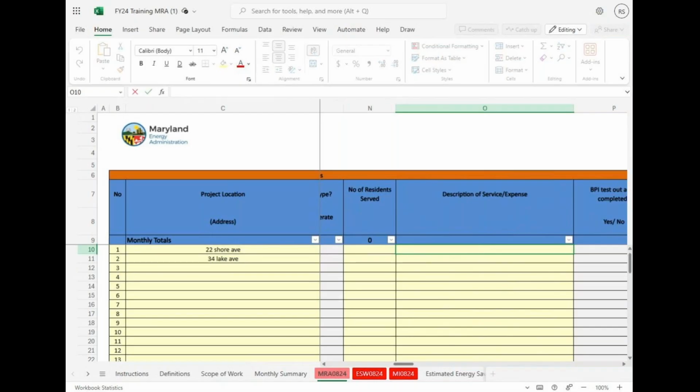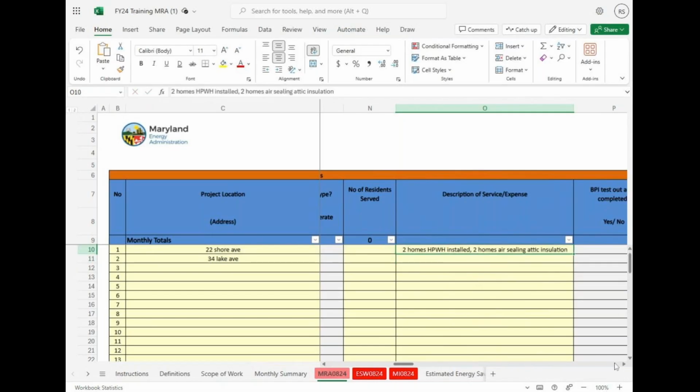So say you had 2 homes weatherization, or let's say 2 homes heat pump water heater installed. And then let's say 1 or 2 homes air sealing, attic insulation. So please let us know exactly what you completed within that home.